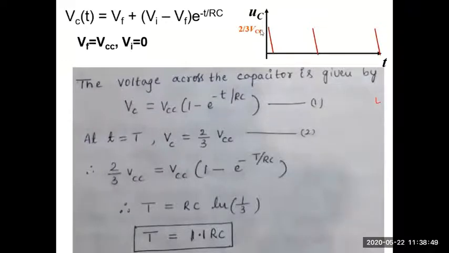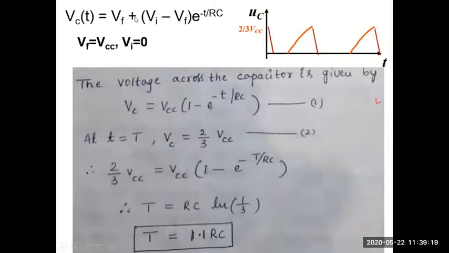You can see here, the complete waveform I want. The capacitor waveform I have taken here. And in general, we know voltage across a capacitor, Vc of t. All of us, I think, remember the standard expression for voltage across any capacitor, Vc of t, to be what?